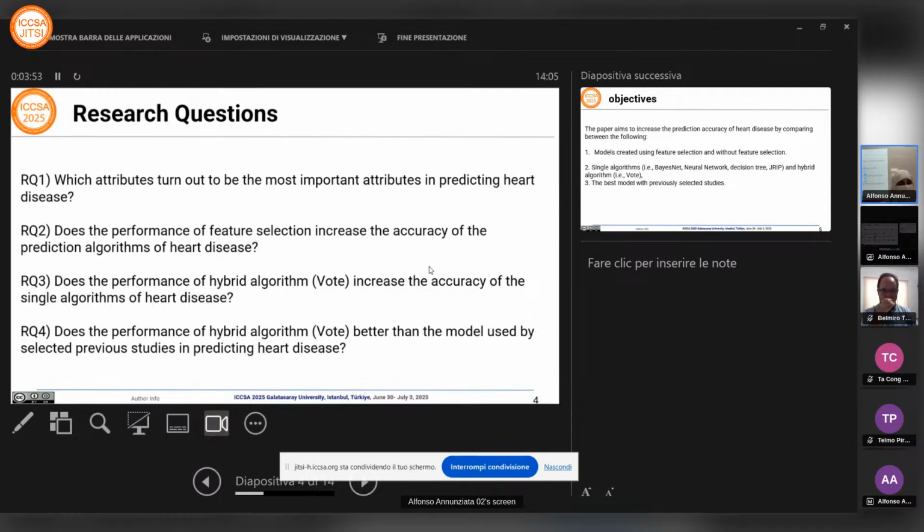Then I will go to the last question, which is: does the performance of the hybrid algorithm vote beat the models used by selected previous studies in predicting heart disease? So I compare my model vote with the previous study that used the same data set.